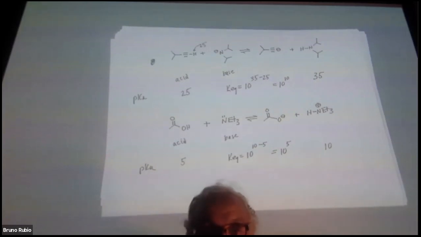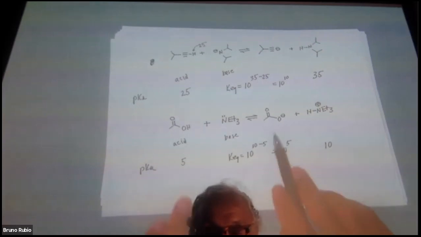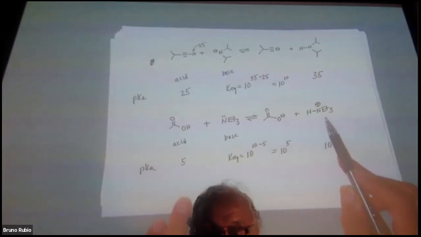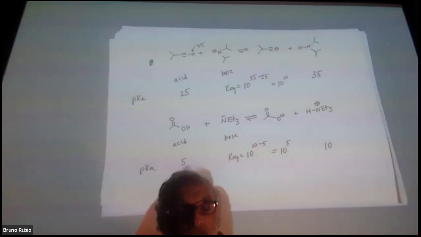We have this swapping of the protons to make a carboxylate and an ammonium ion. Okay, so that's another thing that we can do with the table of pKa's. We can calculate the equilibrium constant of an acid-base reaction.